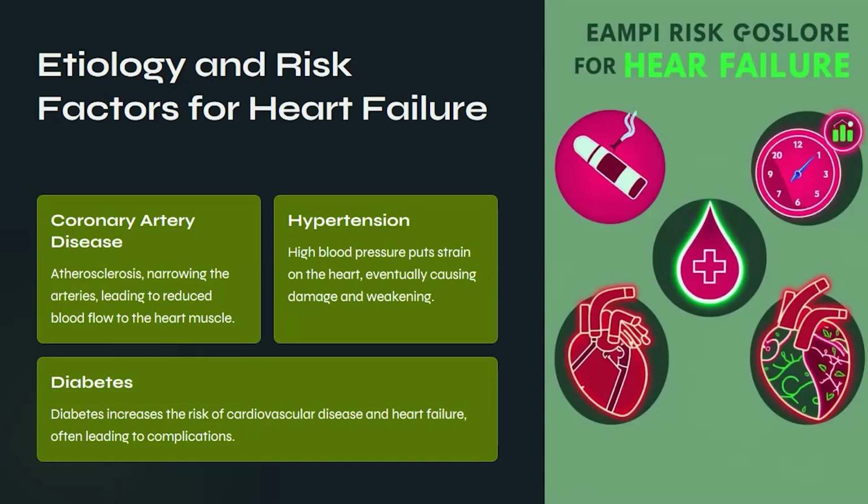Alcohol intake in moderation, an amount of 1 to 2 pegs, is okay, but excessive alcohol intake can have a toxic effect on the myocardium and thereby result in alcoholic cardiomyopathy.